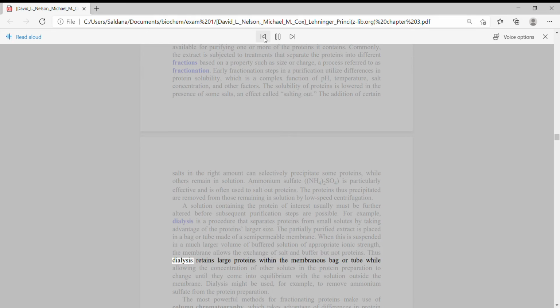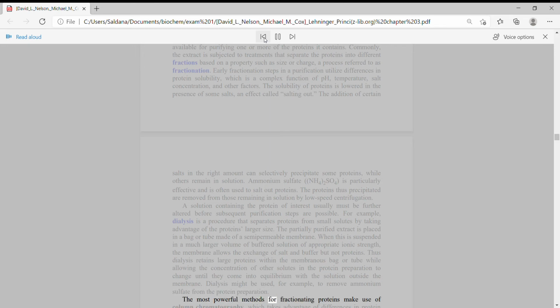Thus dialysis retains large proteins within the membranous bag or tube, while allowing the concentration of other solutes in the protein preparation to change until they come into equilibrium with the solution outside the membrane. Dialysis might be used, for example, to remove ammonium sulfate from the protein preparation.